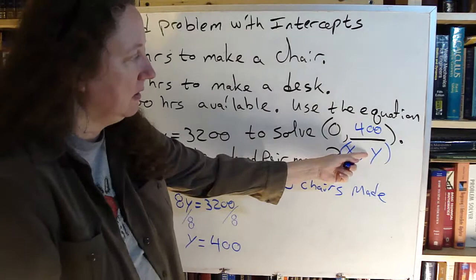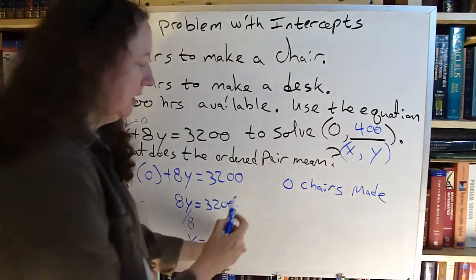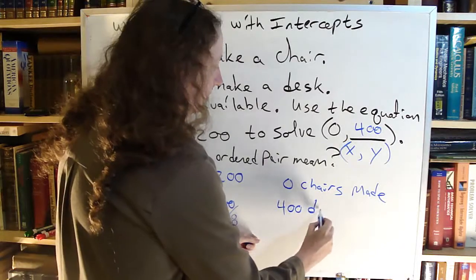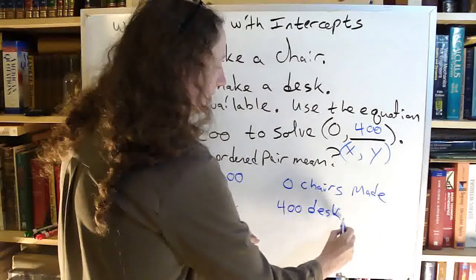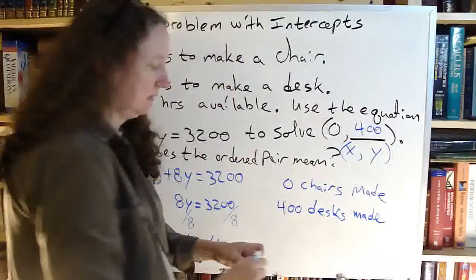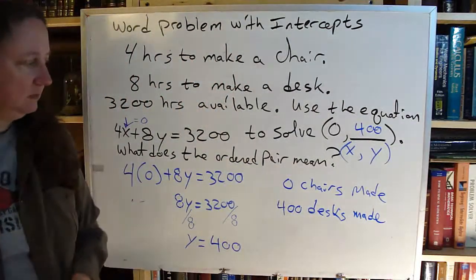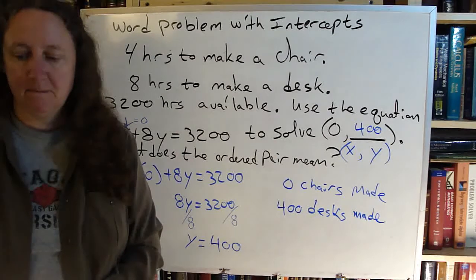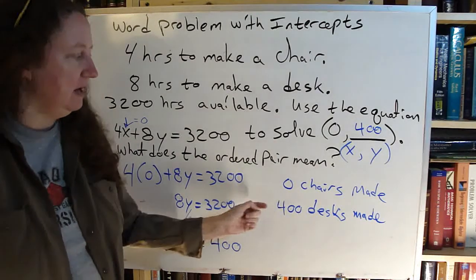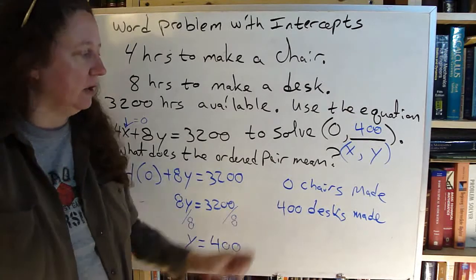So y, 400, is telling me 400 desks made. So now I have my answer. When 0 chairs are made, they can make 400 desks.